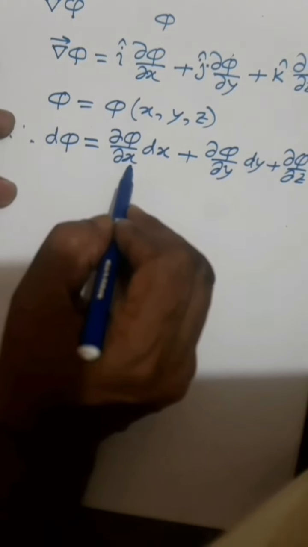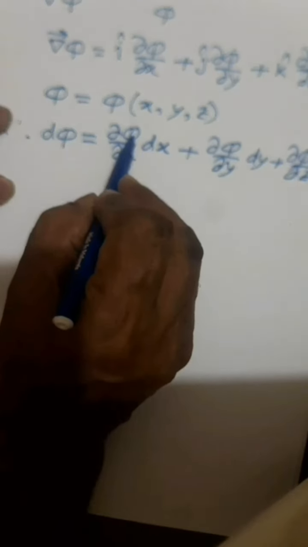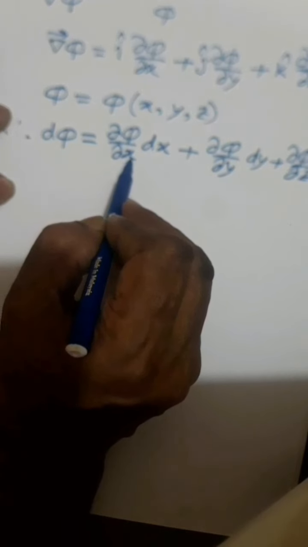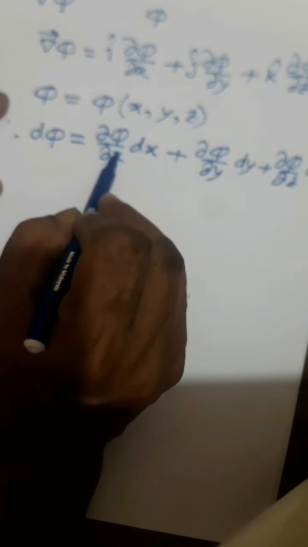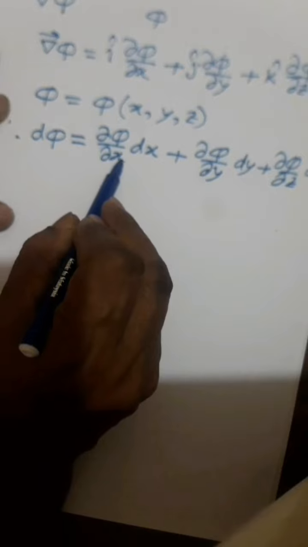Del phi by del x is the change of phi per unit change of x, and del phi by del x dx is the change of phi due to change of x.